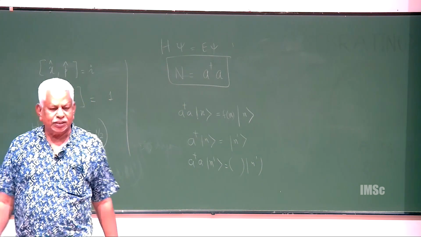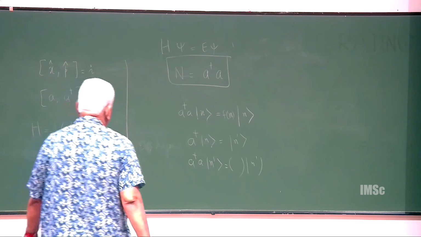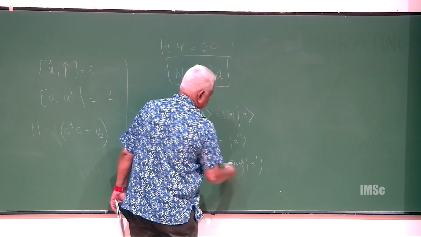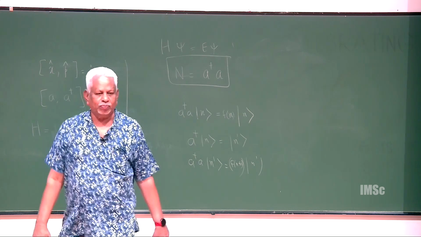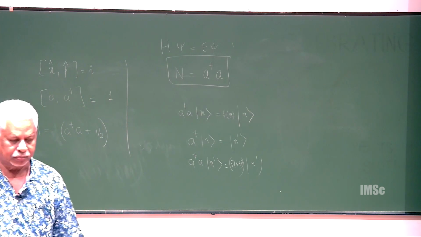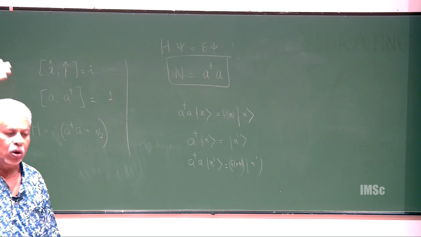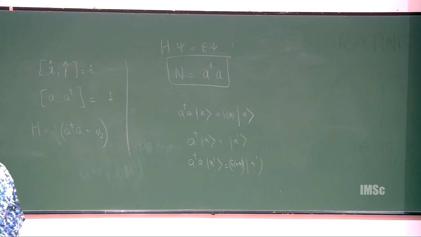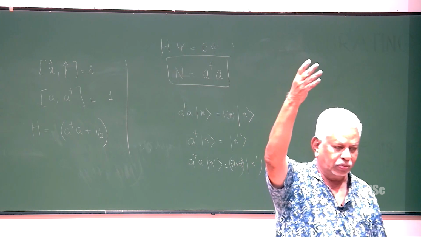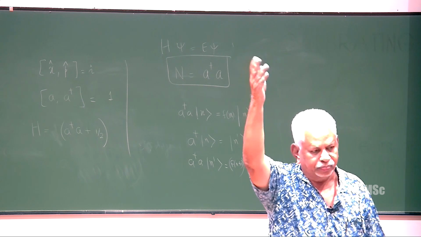The eigenvalue of that is 1 above n. So if I have said f of n here, it is f of n plus 1, or if it is n, it will become simply n plus 1. So A dagger will raise, it will go one step above in the ladder. You act by A dagger square, you will go two steps above. A dagger cube will give you 3 steps above.